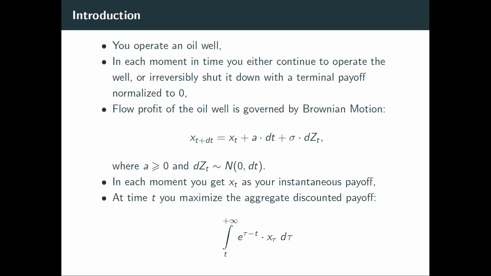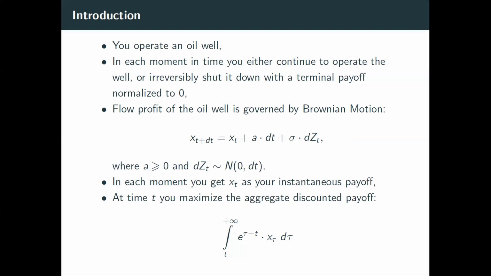You can formalize it by adding a constant, that is, you have a slope of A in terms of the change of your profit. And the second component is a random component, just some noise, that is, some oscillation around the trend. In general, if you remember, that's exactly the form of any Brownian motion that we consider.